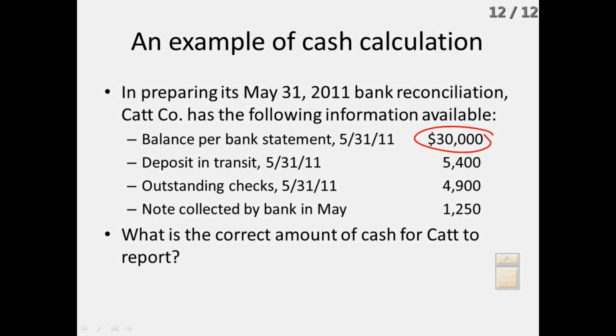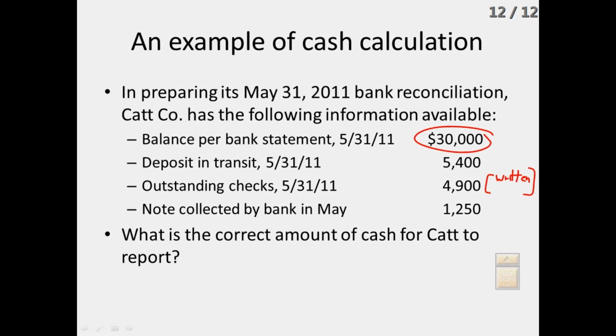And you notice, well, I have written $4,900 worth of checks that haven't yet cleared, either because the people I wrote the checks to haven't made the time to deposit them, or they just haven't gotten from their bank to my bank. There's a bunch of checks out there that I've written, but I haven't been charged for.